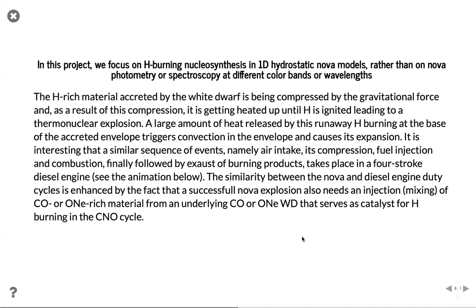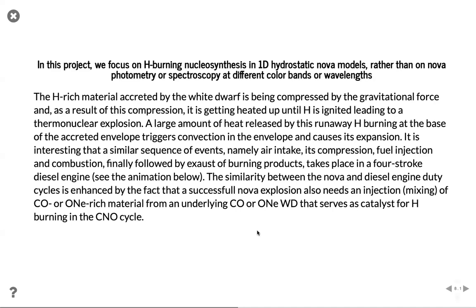So during the explosion, convection mixes some fraction of material from the underlying white dwarf. Below the hydrogen-rich envelope accreted by the white dwarf, there is a white dwarf. This can be either a carbon-oxygen white dwarf for lower initial masses or an oxygen-neon white dwarf for high initial masses.